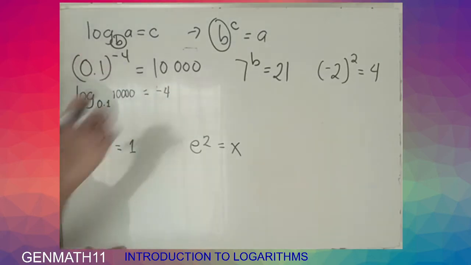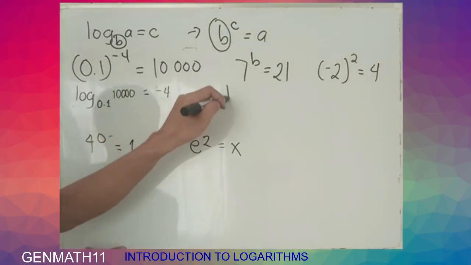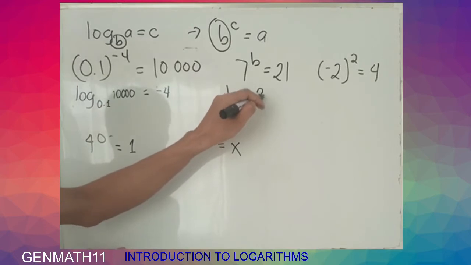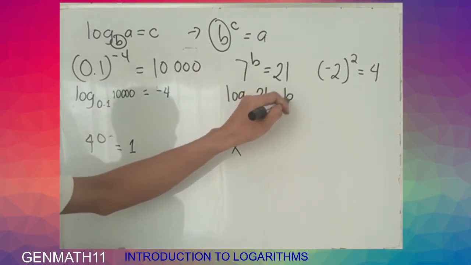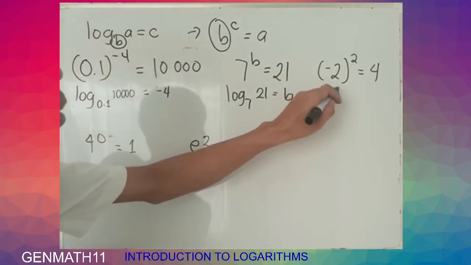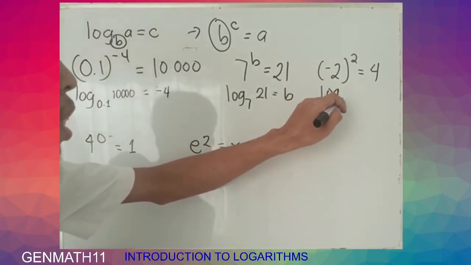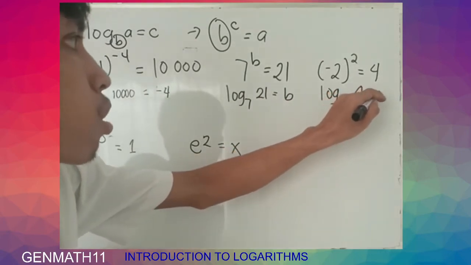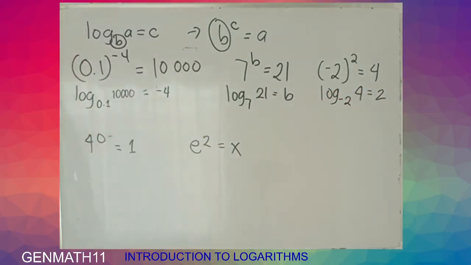Okay, next. So, nakuha na natin to. Log pa din. Then, ang base niya ay 7. Ang katabi niya ay 21. Then, next, log. Ang base niya ay negative 2. Then, 4 dito equals 2. Okay. So, ano napapansin nyo? Ano ang sabi ko kanina?